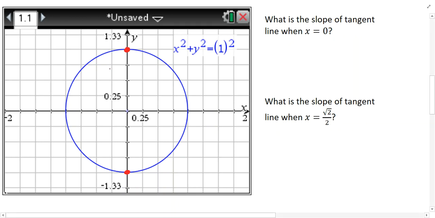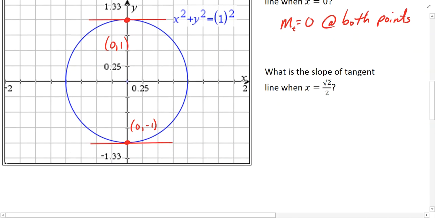So we have the coordinate (0, 1), and also the coordinate (0, -1). Now, we're pretty lucky here, because the slope of the tangent line at both of these positions is equal to 0. The slope of the tangent line is equal to 0 at both points.